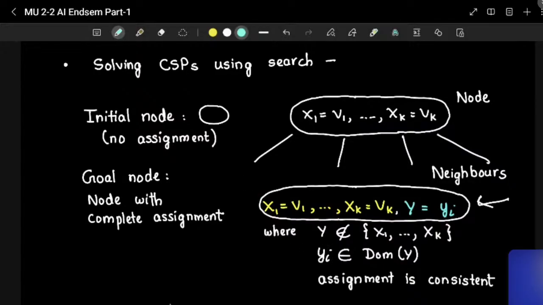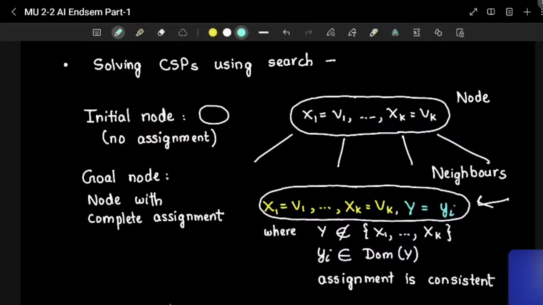There will be many variables that have not been assigned any values, and many values that you could possibly assign to that particular variable. So in theory, for a certain node you will have many neighbors, and you can add all of those neighbors and continue the same process again and again.